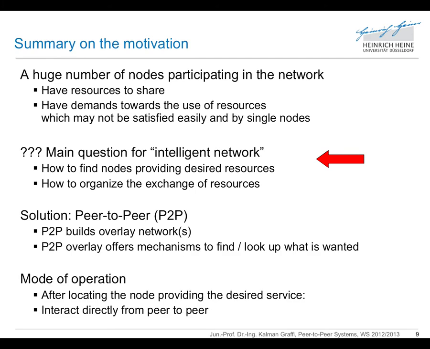Okay, and what I said, what peer-to-peer does, it creates this overlay, this advanced or top network, and this overlay offers the mechanisms that we all need, at least to find and look up what is wanted. So if you are looking for the newest Ubuntu distribution file, then we can state a question to this overlay, and it will answer us where it is.